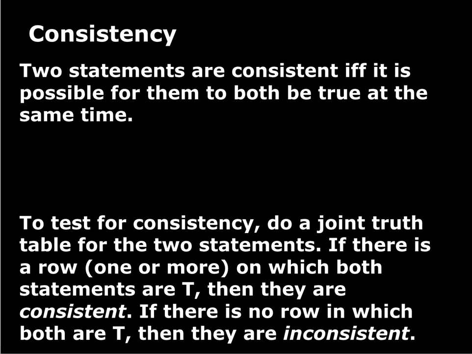What that means basically is there a row where both of those statements are true. So to test for that, you do a joint truth table. And if there is any row, it only takes one, where they're both true, then they're consistent. If there's no row where they're both true, then those two statements are inconsistent.